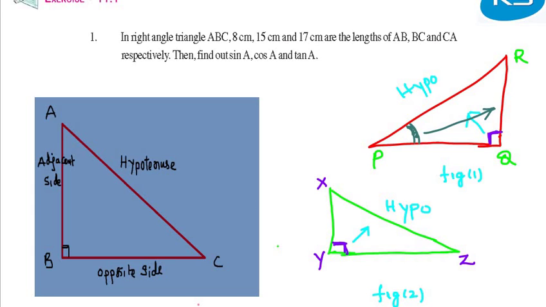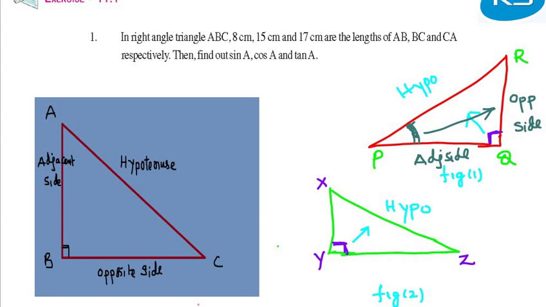With the reference of angle P, QR is the opposite side. What is left towards the side is PQ, that is the adjacent side.